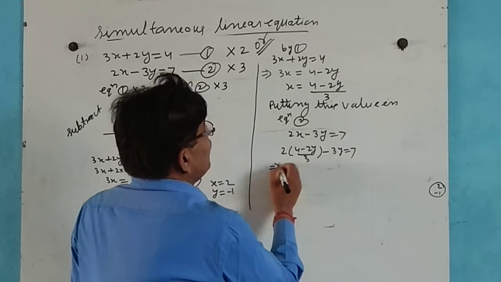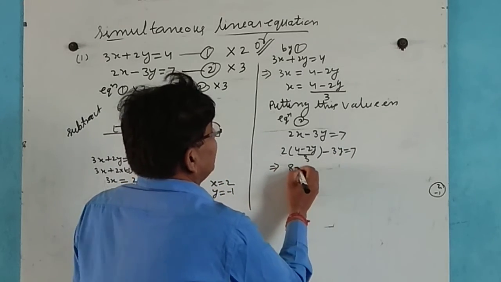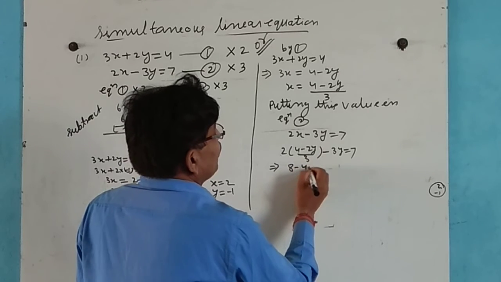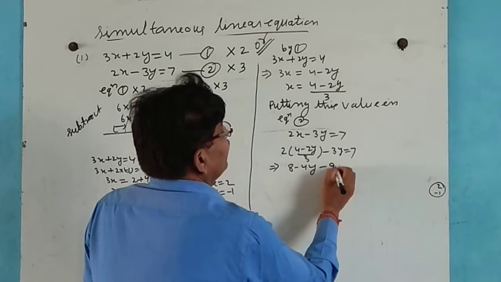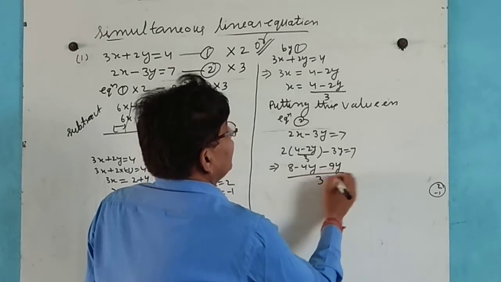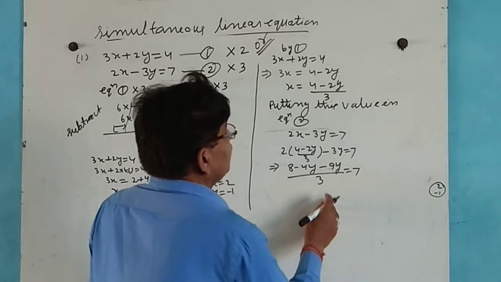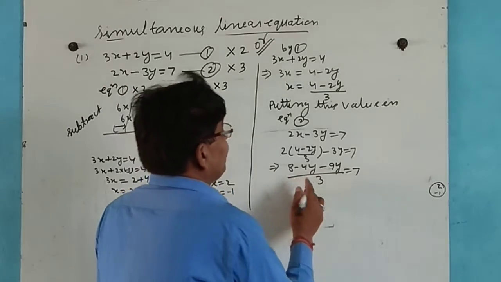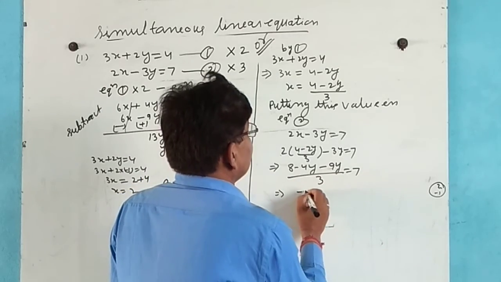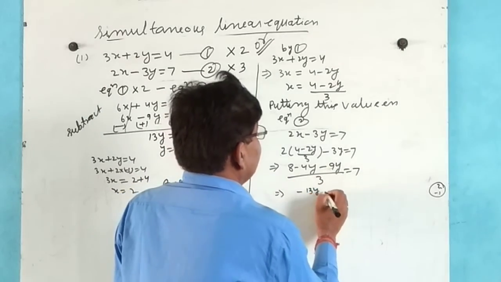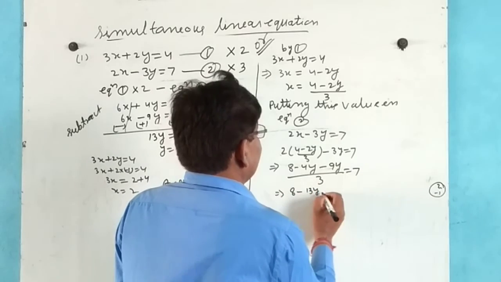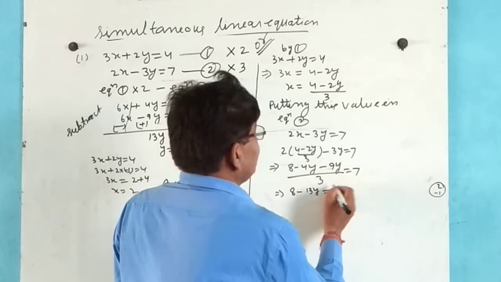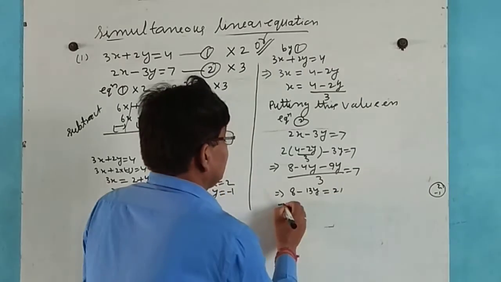Also, 2 4 is 8 minus 2 2 is 4y, minus 3 3 is 9y, divided by 3 equal to 7. 4y and 9y make 13y, so 8 minus 13y equal to 21.